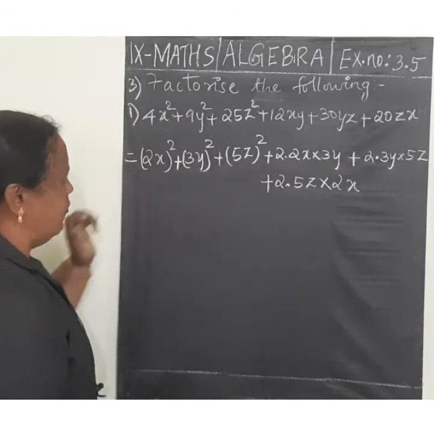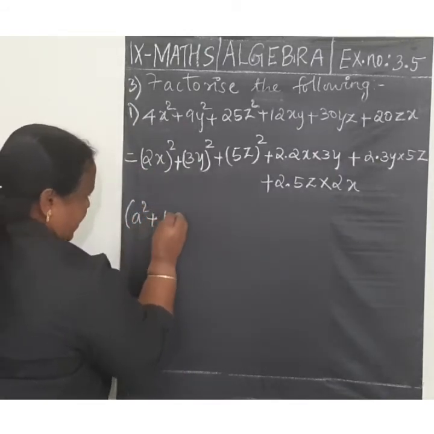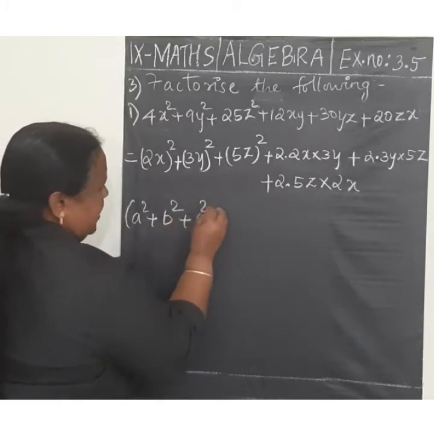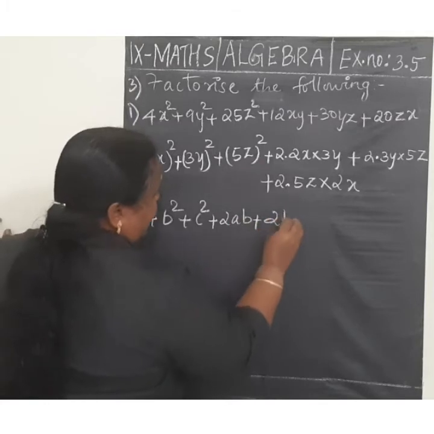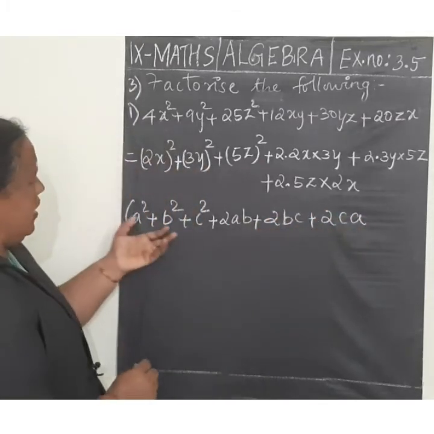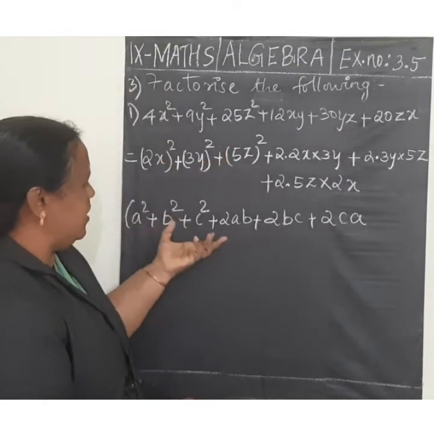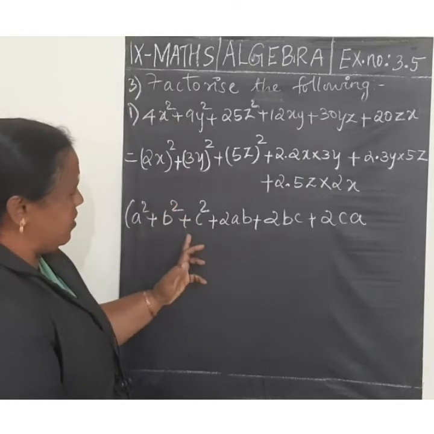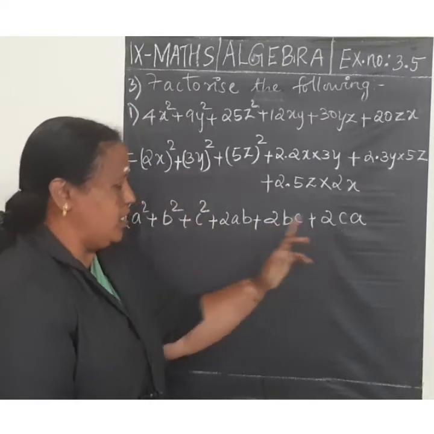Now it is in the form of which identity it is now? a square plus b square plus c square plus 2ab plus 2bc plus 2ca. Now we have written the given polynomial in this formula: a square plus b square plus c square plus 2ab plus 2bc plus 2ca.